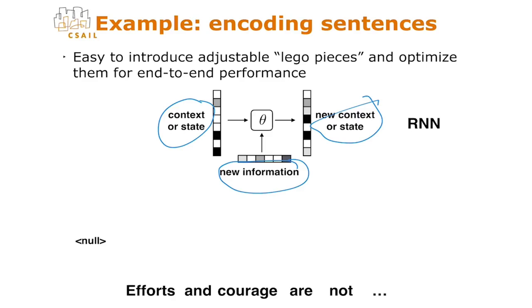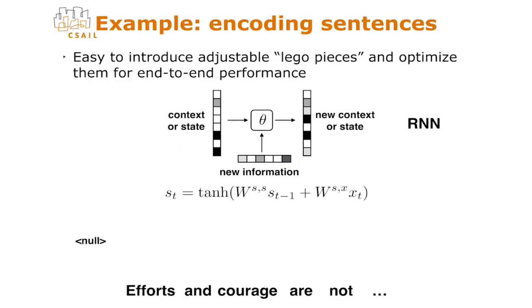So let's see what could be inside this box. Here we represent the state, the summary so far, in terms of a vector s_t. So what we have previously is s_{t-1}. New information is given by the word.